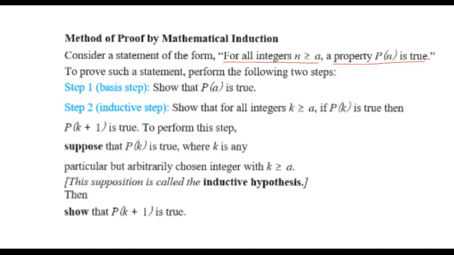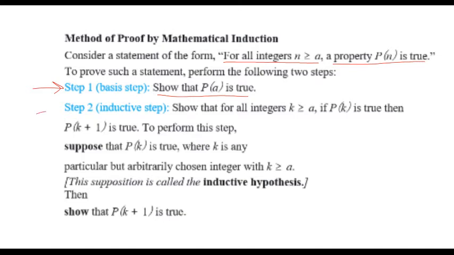To prove such a statement, we need to do these two steps. The first step, which we call the basis step, we need to show that P of a is true. So this step means the first domino falls.